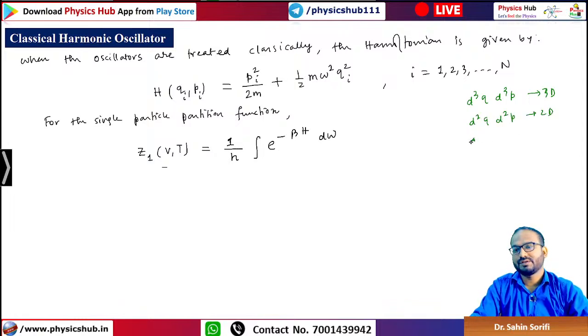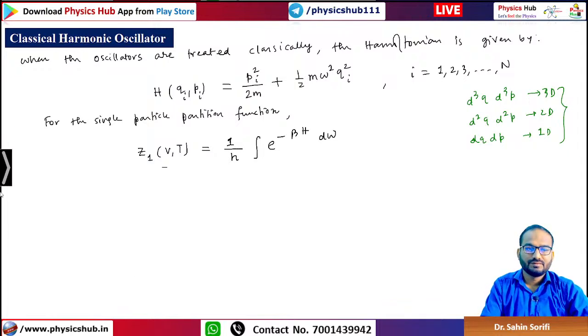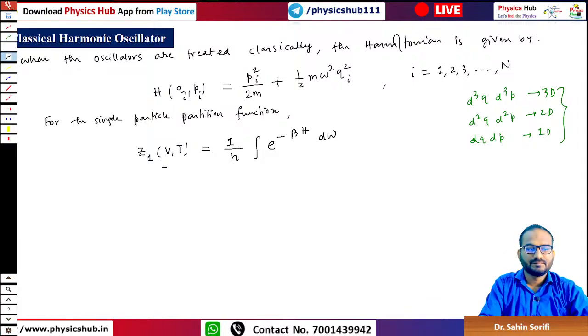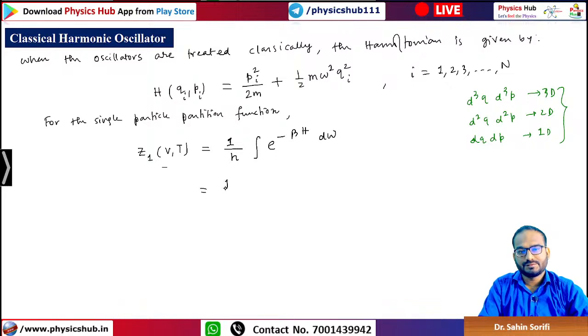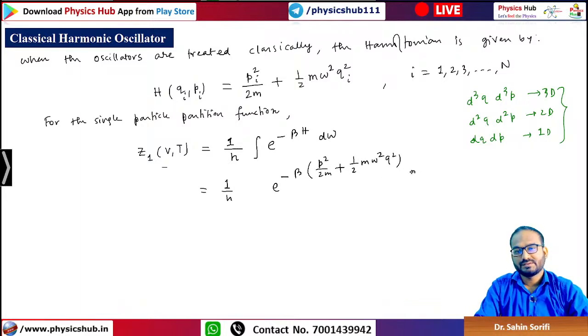For one dimension, it will be dq, dp. So this is equal to 1 upon h, integral of e to the power minus beta into H. H equals this, for one particle we are writing p square by 2m plus half m omega square q square, and d omega is dq dp.